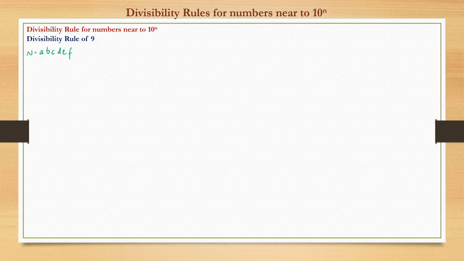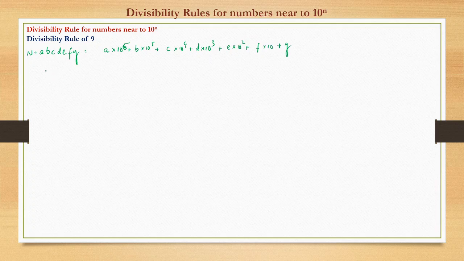If n is a b c d e f g, I can write this as a into 10 raised to power 6 plus b into 10 raised to power 5 plus c into 10 raised to power 4 plus d into 10 raised to power 3 plus e into 10 raised to power 2 plus f into 10 plus g, right?